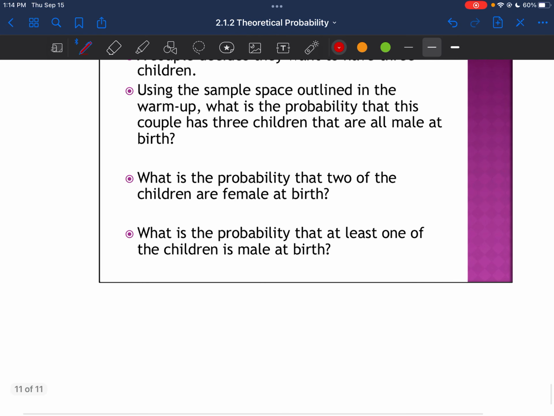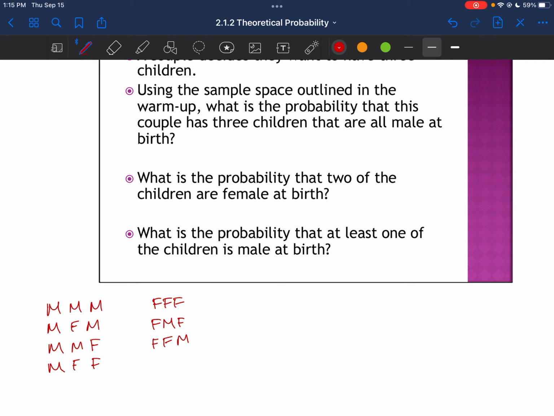So just a reminder, we could have 3 males. We could have male, female, male, male, male, female, or male, female, female. We could also have female, female, female, female, male, female, female, female, male, and female, male, male.